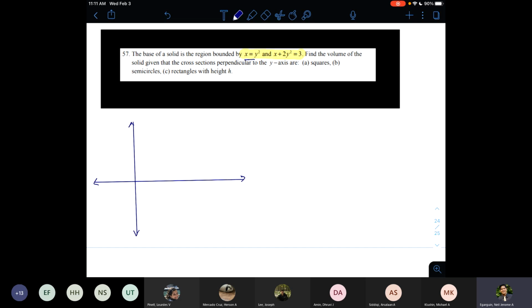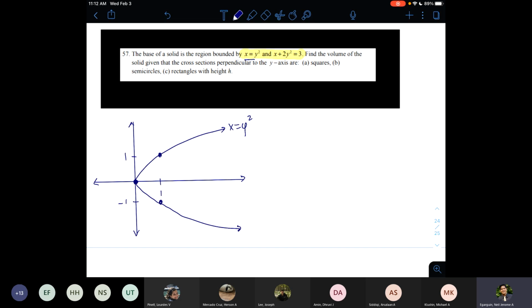So the vertex is at y equals 0, but if y is equal to 0, x is also equal to 0. Okay, and then if y is equal to plus or minus 1, x is equal to 1. So I got that. There we go. So this is the first parabola with equation x equals y squared.